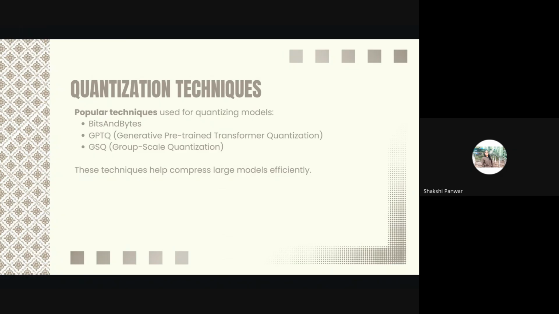GPTQ is generative pre-trained transformer quantization, a powerful post-training quantization method highly optimized for transformer-based models like GPT. GSQ is group scale quantization, a newer technique that applies quantization at the group level for better accuracy.